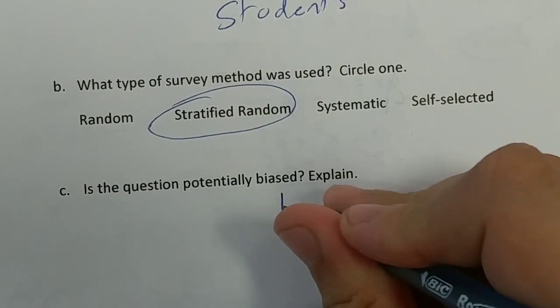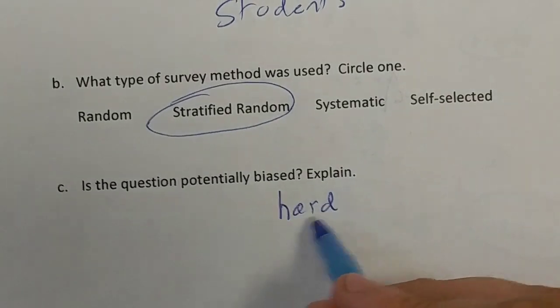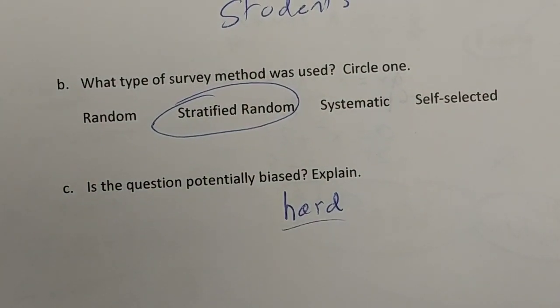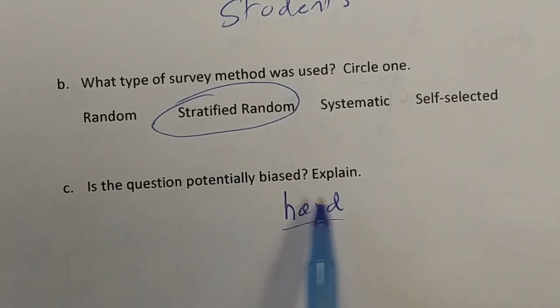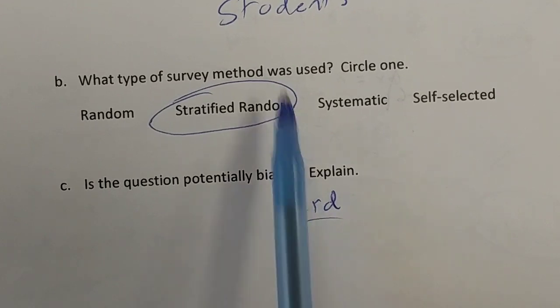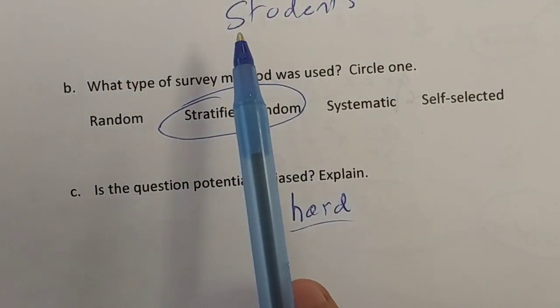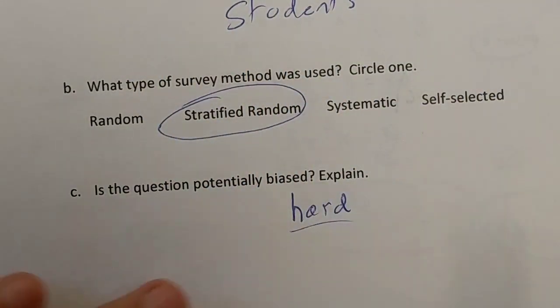So you would explain that the word hard is what caused it to be biased. That's what would be the answer to that type of question. You could say, because they said they worked hard, but the key word I'm looking for is worked hard or hard. The other one, I believe, on the last test you had was healthy or something.